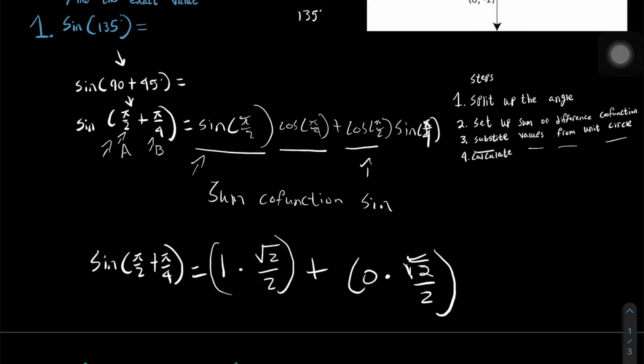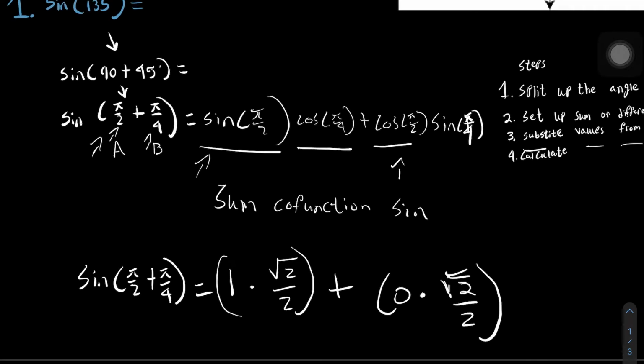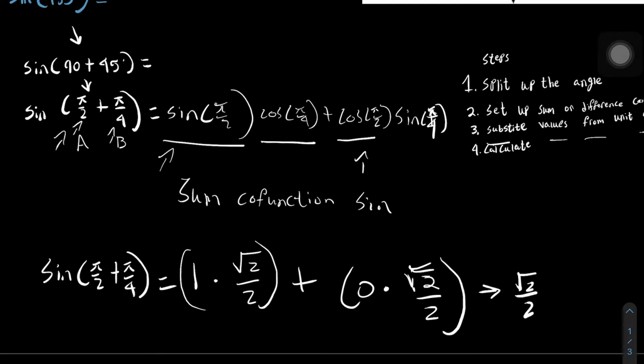Well, let's simplify our parentheses. So in this first one, we have 1 times the square root of 2 over 2, which gives us the square root of 2 over 2, because anything multiplied by 1 is just itself, plus 0 times the square root of 2 over 2.